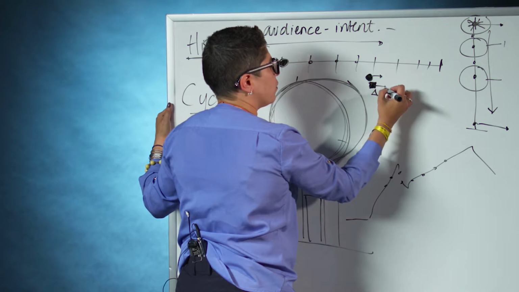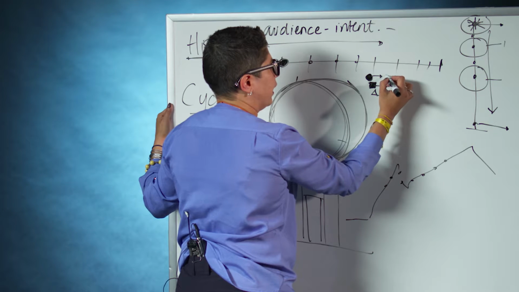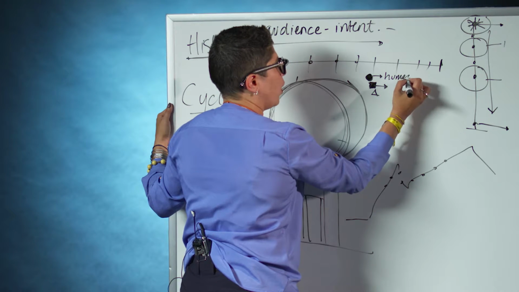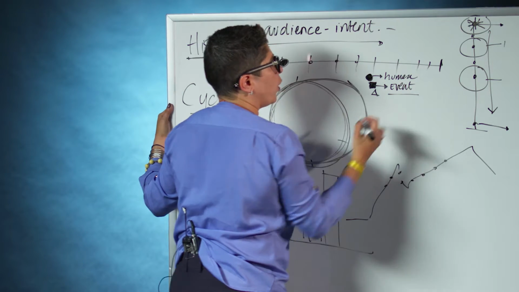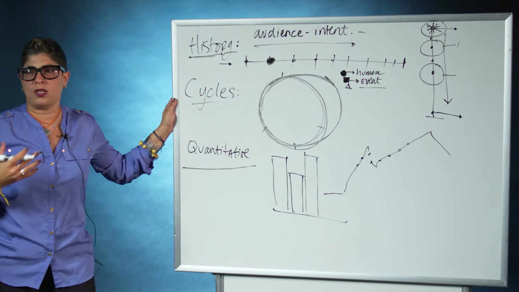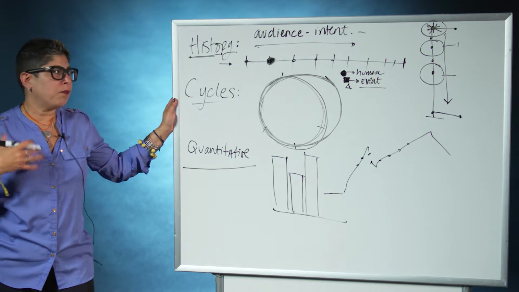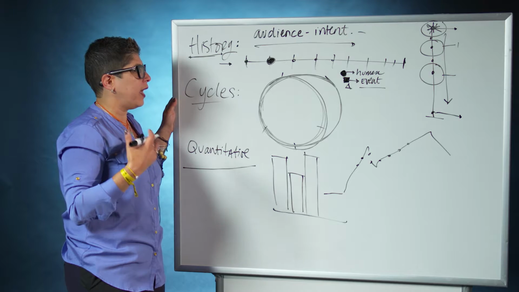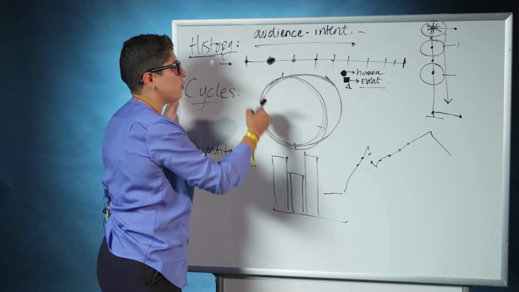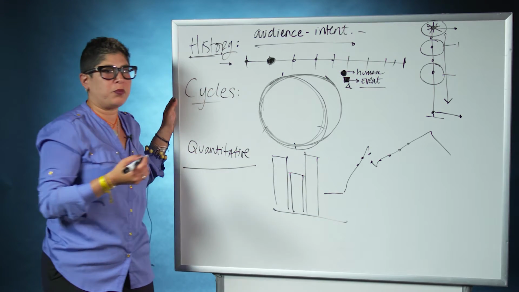So here's where you start developing your visual language. One is human, the other one is an event. So you start coding your information into the graphics. The other thing would be thinking about design principles and how you can create these visuals using those different principles.